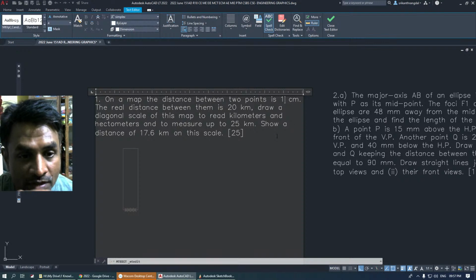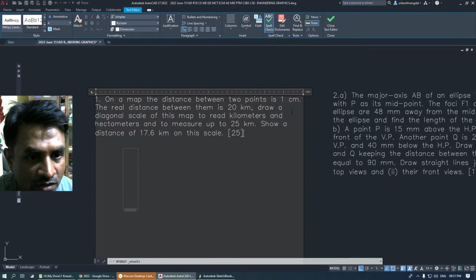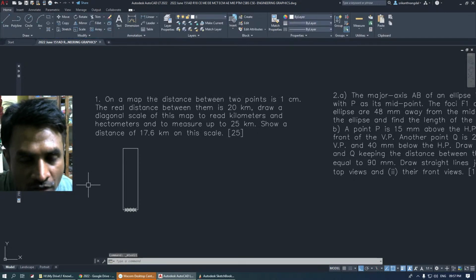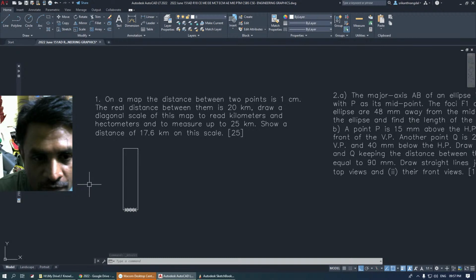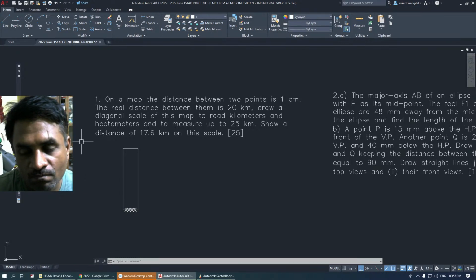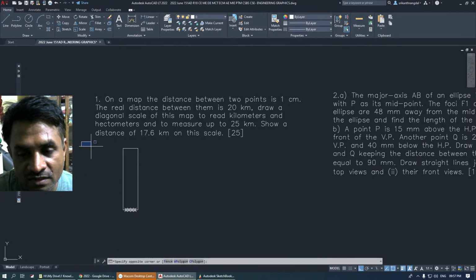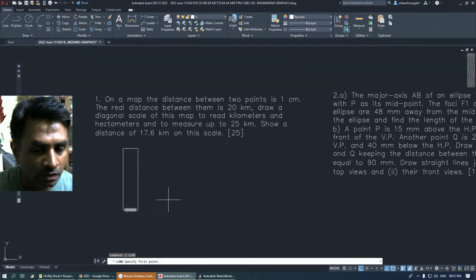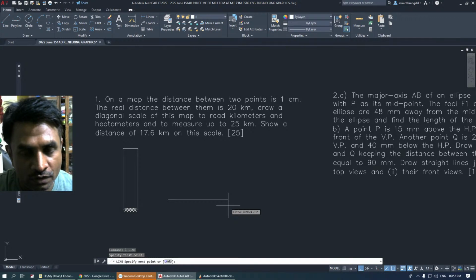If that is 10 centimeters, then a drawable scale can actually be made. So I suggest this scale not to be used, and I'd like to recommend the 10 centimeter scale to be used.